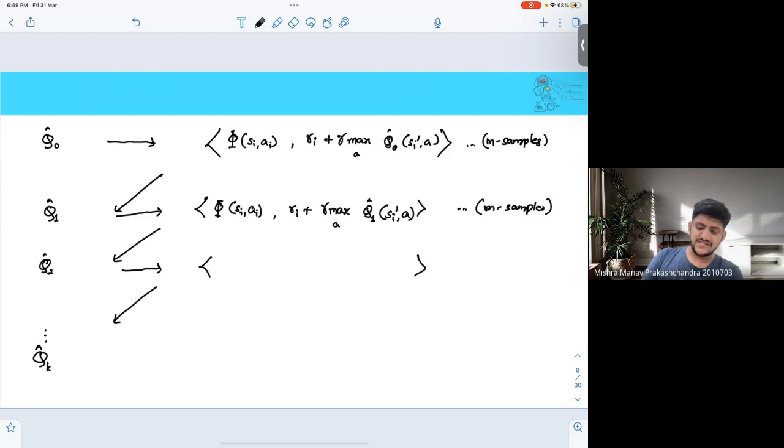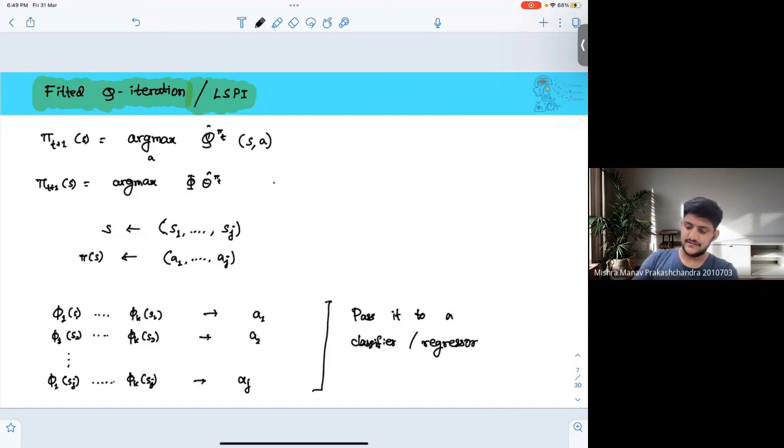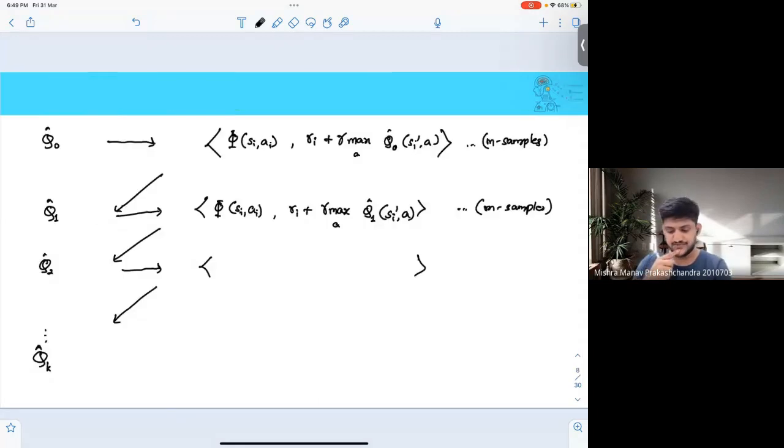So once I do it for k number of rounds, whatever Q value I end up with will be the optimum Q value, and from that I just recover the policy using the method I just described. This method is known as LSPI, or least squares policy iteration.